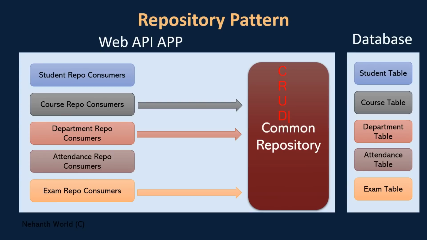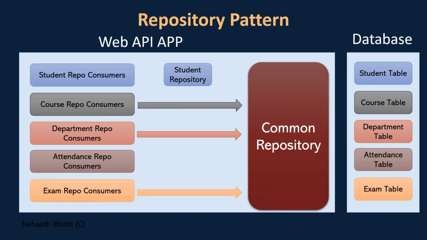If we want to put that inside the common repository, we cannot, because a table specific functionality cannot be put inside the common repository. For that, we can create a table level repository or functionality level repository, like for the student table, we can create a student repository.